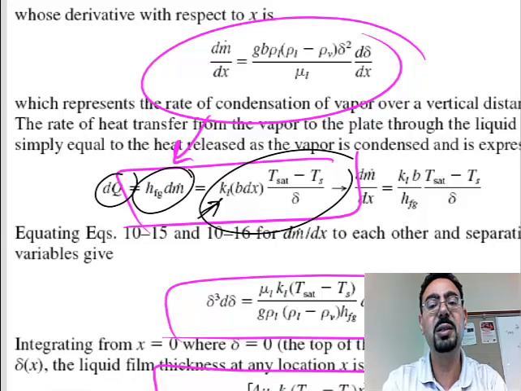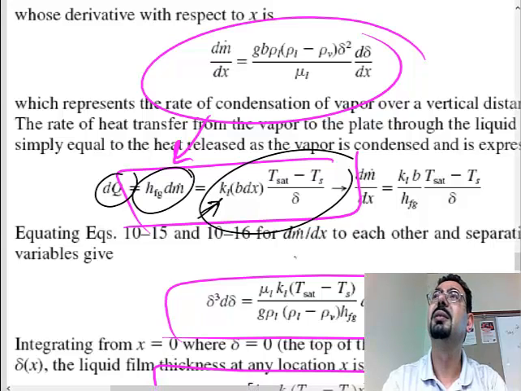Does anyone see this? This is Q dot. This is Q conduction, k partial T partial x multiplied by the area. Right?